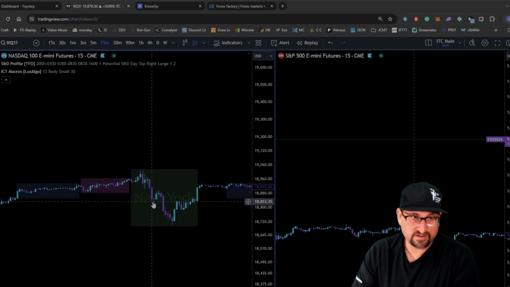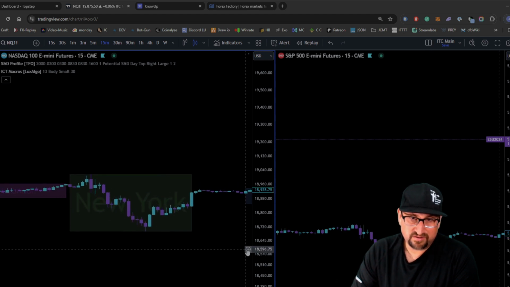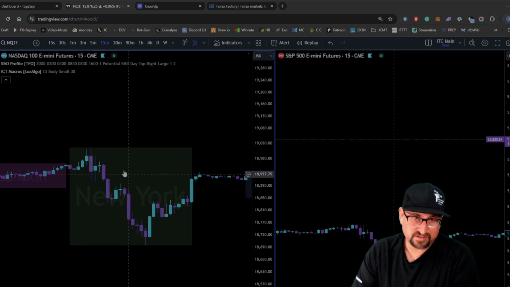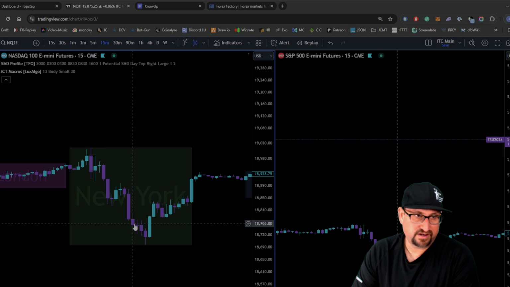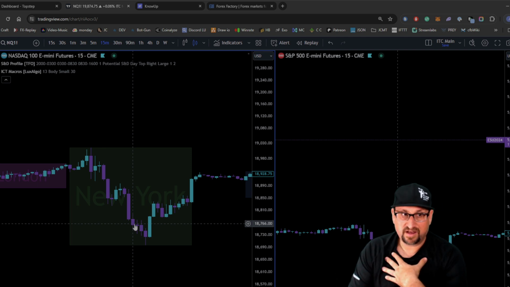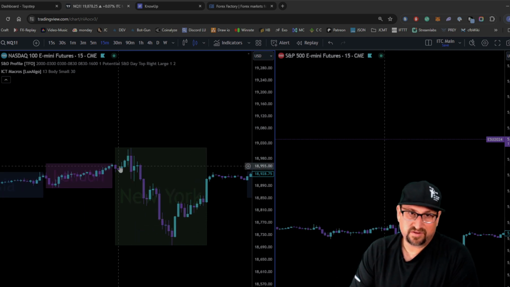Well, what am I looking for now? Now I'm looking for shorts. So my short may only grab, depending on what the low time frame looks like, right here or right here, I may only grab right here and down to here, and then I'm done. Okay. But that's what plays my trade plan. Okay. So this is what I'm looking for.